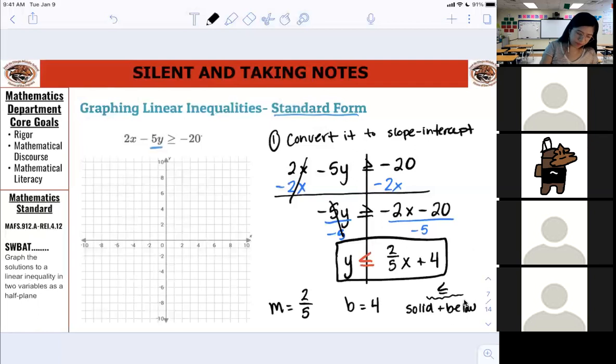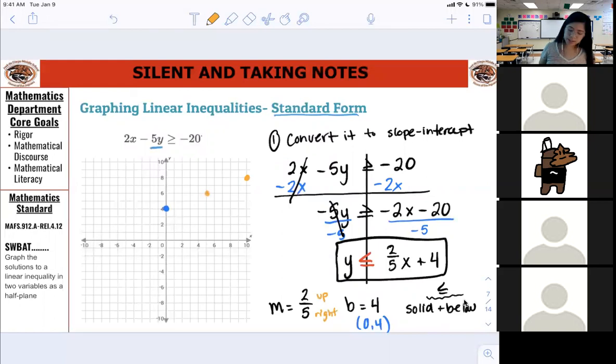Now let's go through it. I start at the positive 4, (0, 4). Where do I go from there? Up 2, right 5. All right, here we go. Up 2, right 5, up 2, and then right 5. All right.